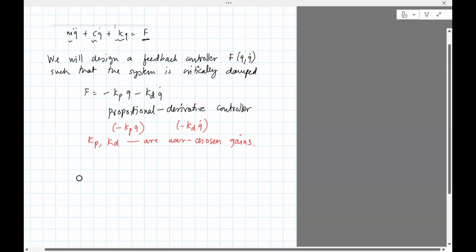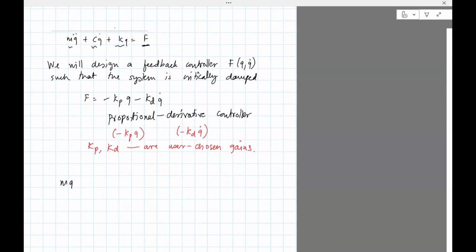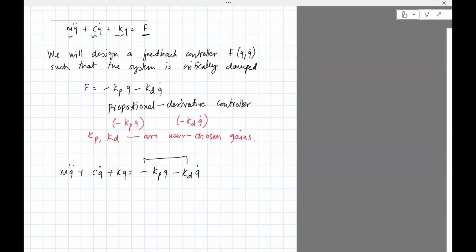Now, let's see what we can do with a system like the spring mass system with a proportional derivative controller. mq double dot plus cq dot plus kq is minus kp q minus kd q dot. Okay, this is f. f is something you can choose in whatever way you want. So let's move things around: m q double dot plus (c plus kd) q dot plus (k plus kp) q equals 0.